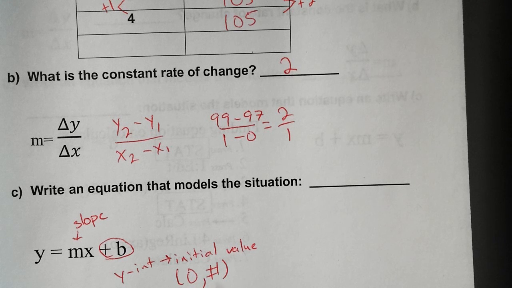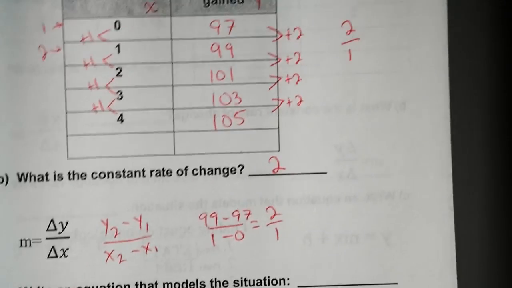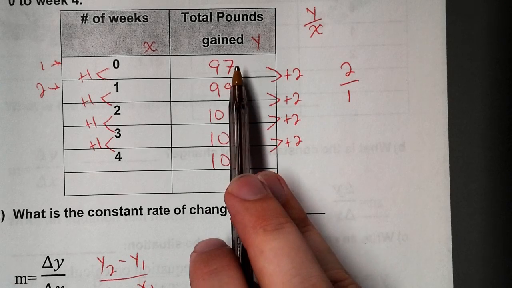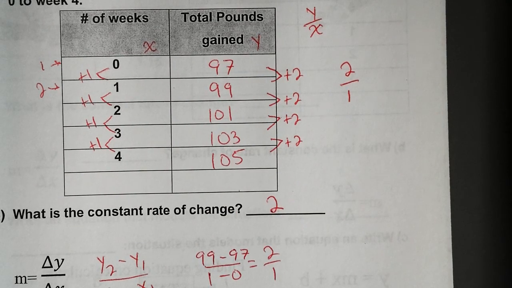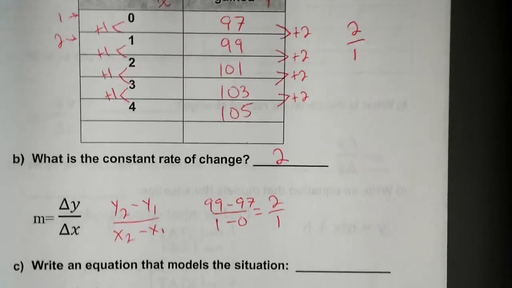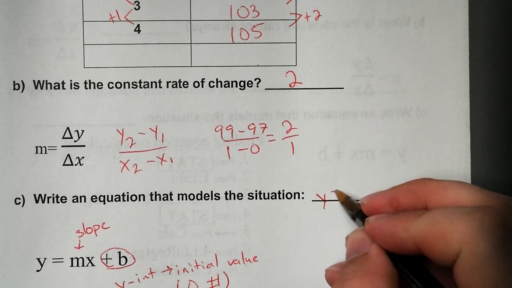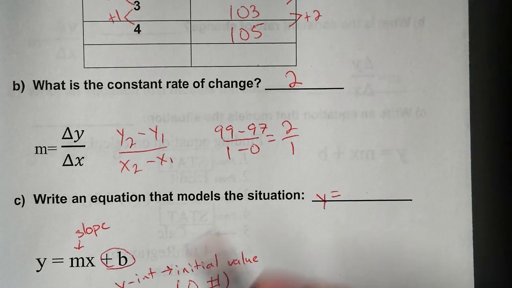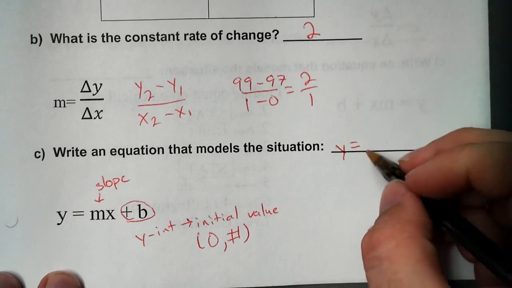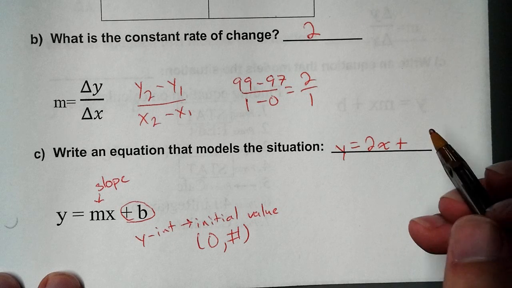So on here, what's our y-intercept? Let's look back at the table. Find 0 for x. What do we get for y? 97. So we know 97 is the y-intercept. So if I put this in an equation, we would get y equals my slope, which is 2x, plus, what was my initial value?